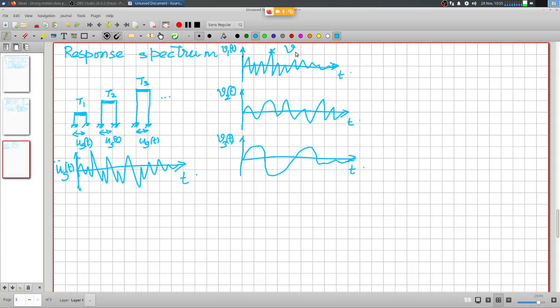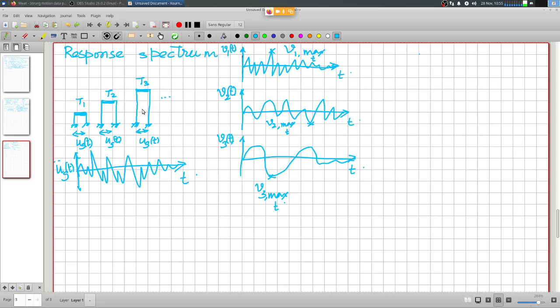So this is V1 max over time t. This is the value V2 max over time t, and this is of course V3 max over time t. So what is done is we plot the maximum response.